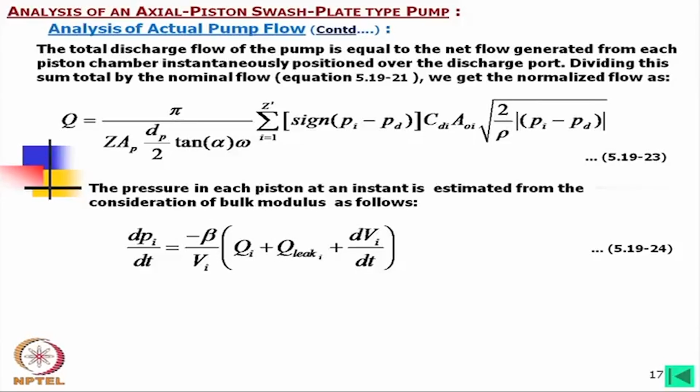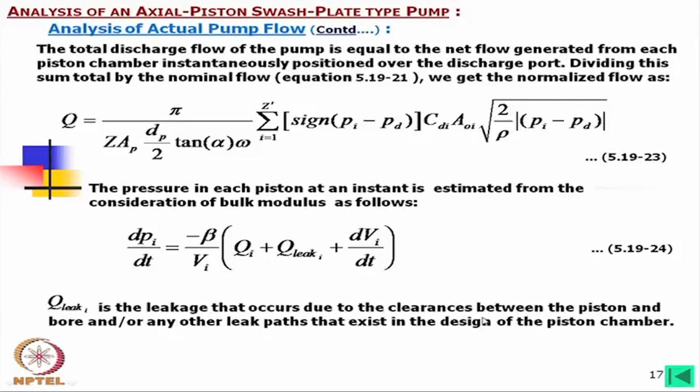Because with the increase and decrease in the pressure, there will be an effect on the fluid compressibility, which will ultimately control the pressure. So, to find out the pressure fluctuation, we need to consider the compressibility of the fluid inside the pistons.